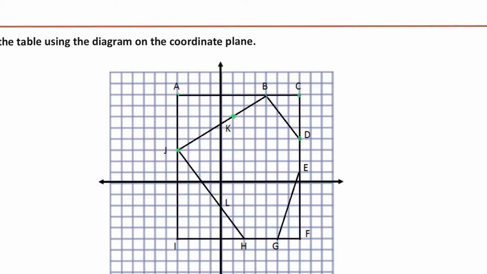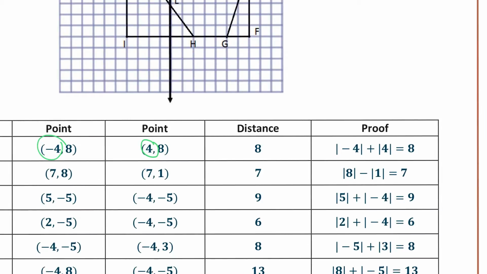A is on this side, B is on this side, so you'd actually have to add those distances together. So you have the absolute value of -4. How far away -4 is from 0 plus how far 4 is from 0 equals 8.